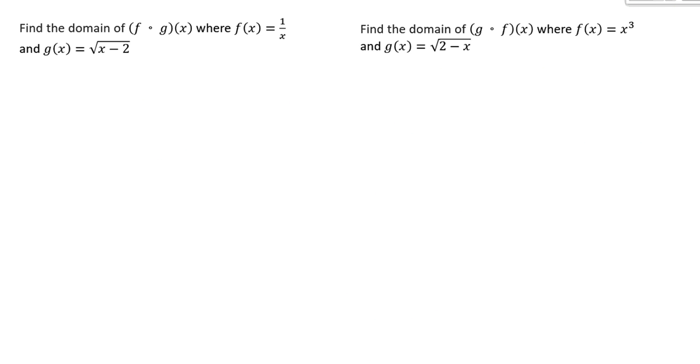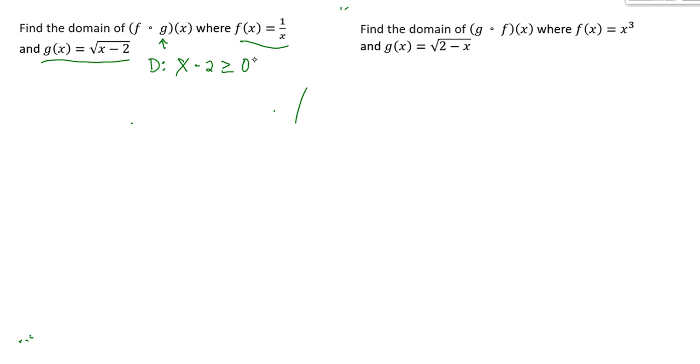Let's try another one. Find the domain of f composed g of x, where f of x equals 1 over x, g of x equals square root of x minus 2. Okay, so g is being plugged in. So the domain of g, see, it's a radical with an even index, which means x minus 2 has to be greater than or equal to 0.